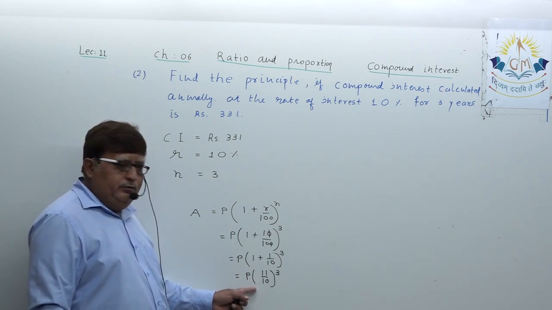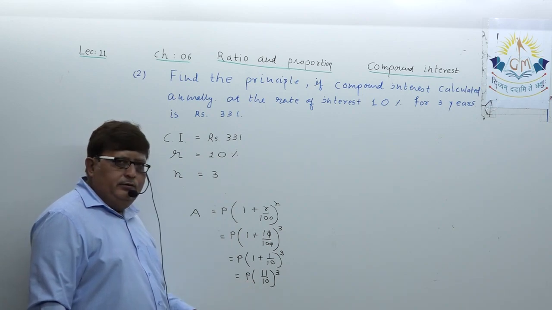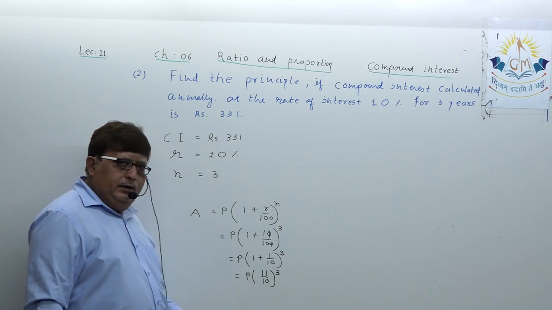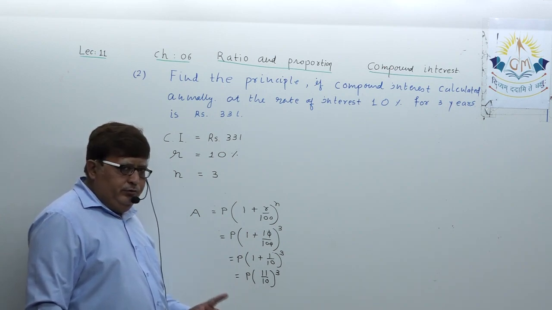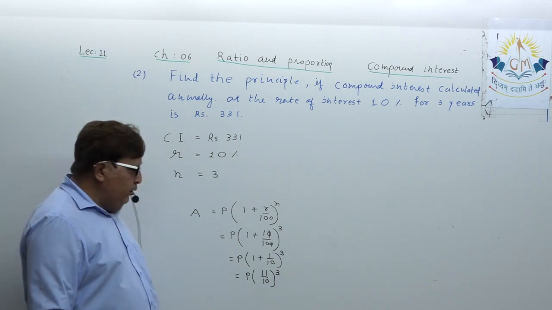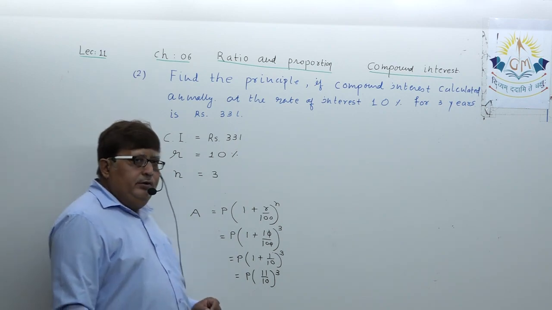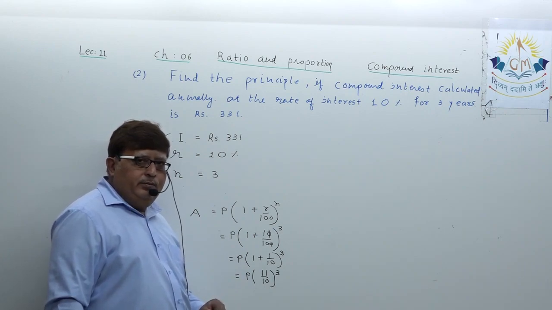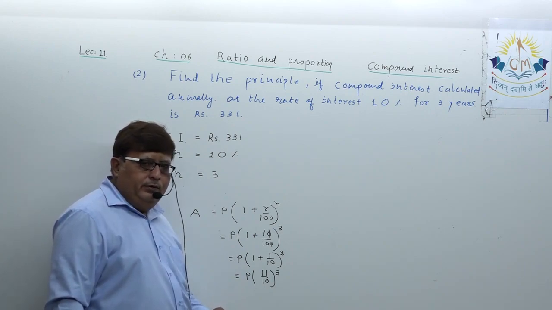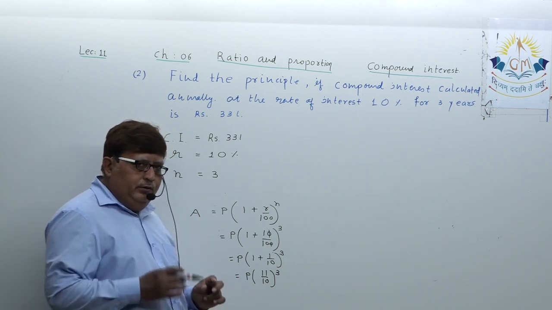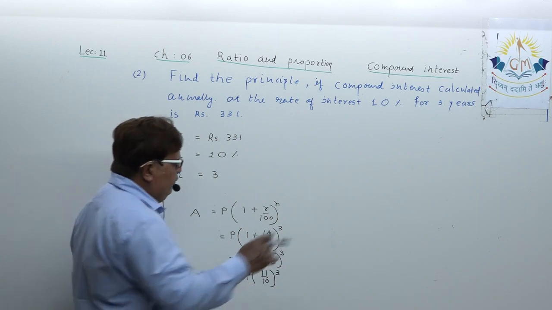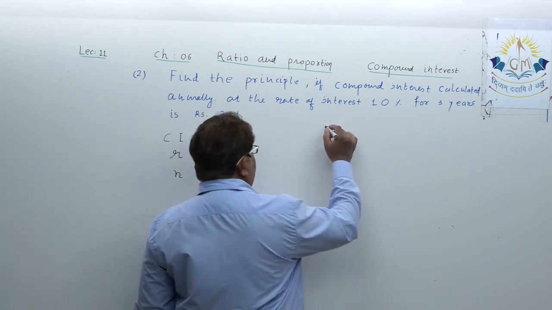So we got A equals P into bracket 11 upon 10 raised to 3. Is it clear in your mind? Now, dear student, third step in this example we are doing, you need to be very conscious regarding step. This is the third one.